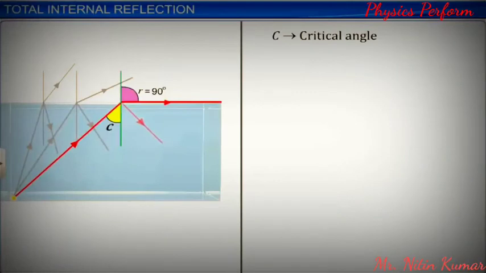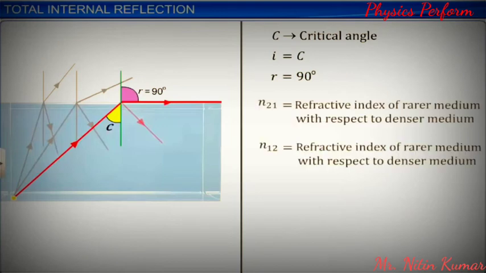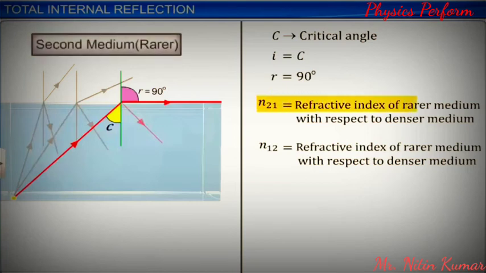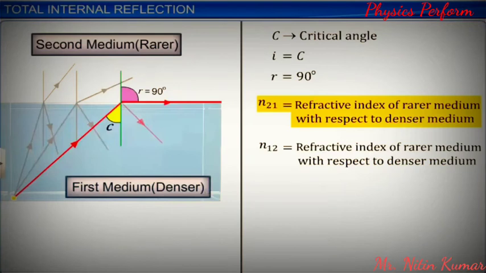Let N21 be the refractive index of the rarer medium with respect to the denser medium. Let N12 be the refractive index of the denser medium with respect to the rarer medium. We know that N12 is equal to 1 by N21.